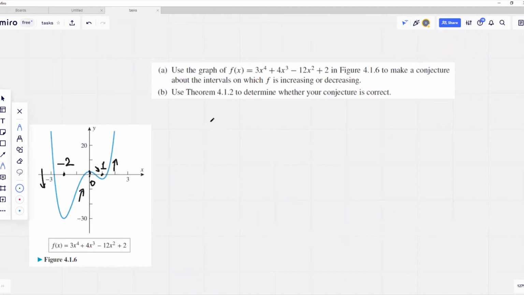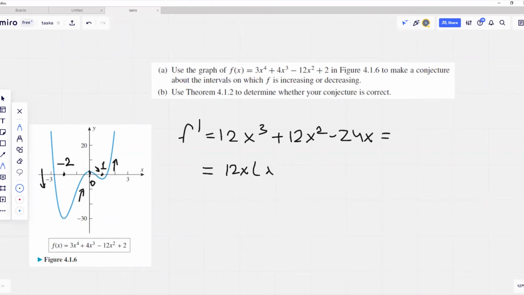So first we need to find the first derivative of our polynomial. It is equal to 12x cubed plus 12x squared minus 24x. Now factoring out 12x, we'll have x squared plus x minus 2.